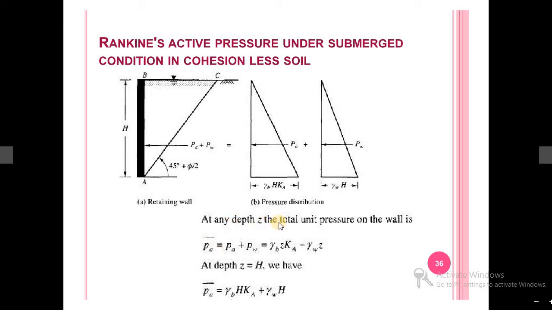So at depth Z, the total unit pressure on the wall is P equal to Pa plus Pw, so gamma b Z Ka plus gamma w Z. At depth Z equal to H, we have P equal to Ka gamma b H plus gamma w H, where gamma b is the submerged unit weight of soil.